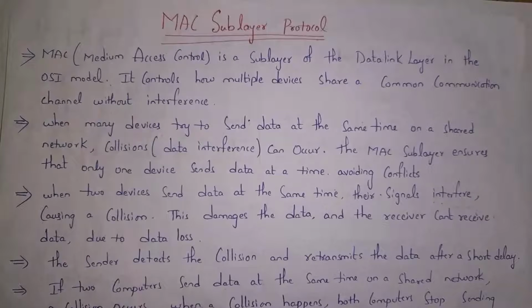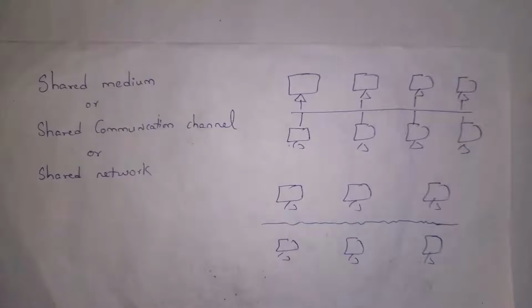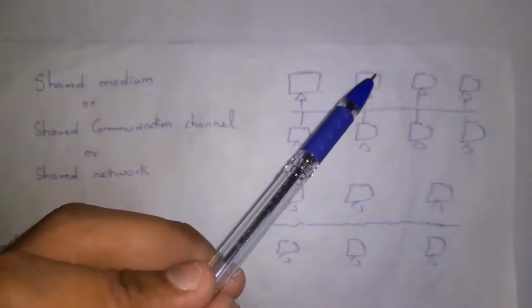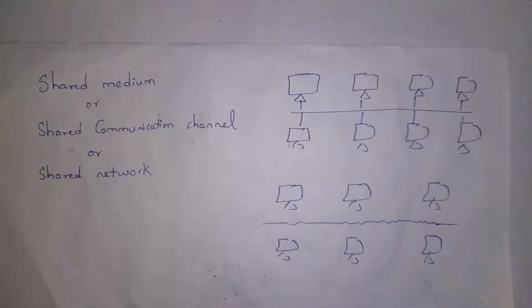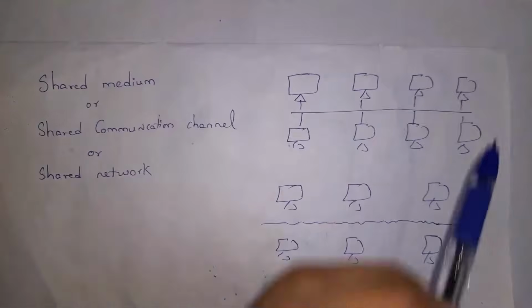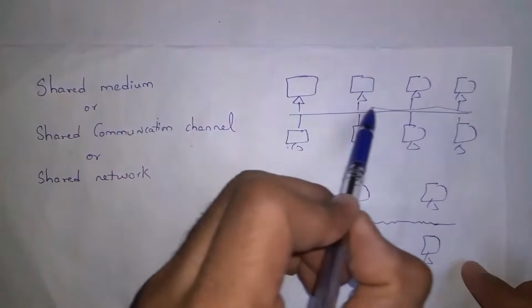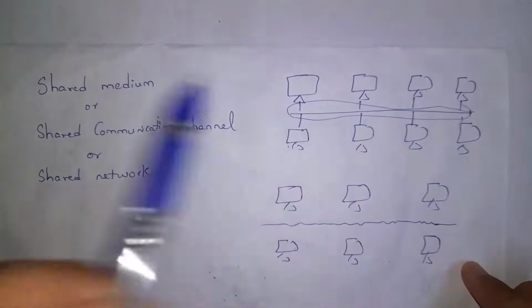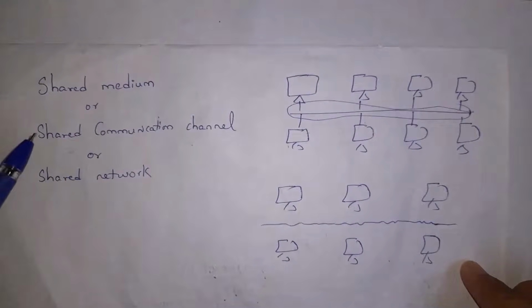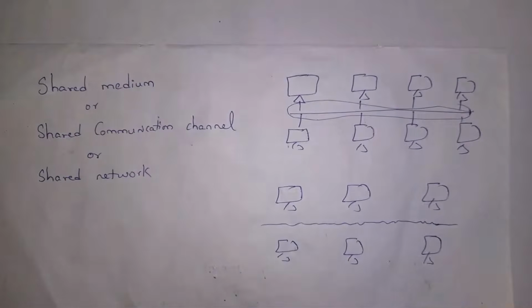At first I will explain what is MAC sublayer protocol. Before that, you need to know what is shared medium or shared communication channel or shared network. For example, there are multiple computers connected to a single cable in order to transfer data. As all computers are connected to a single cable, we call this single cable a shared medium or shared communication channel or shared network, because all computers are sharing a single cable.